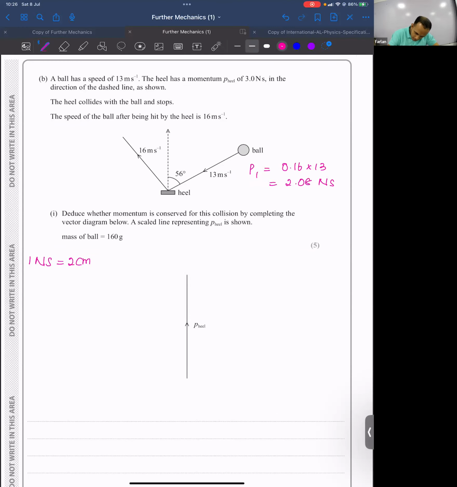Here I will calculate the momentum P2, 0.16 into 16. That is 2.56 Newton seconds.